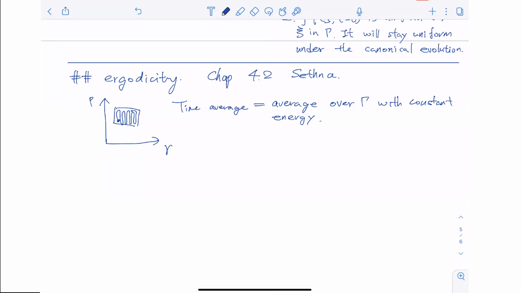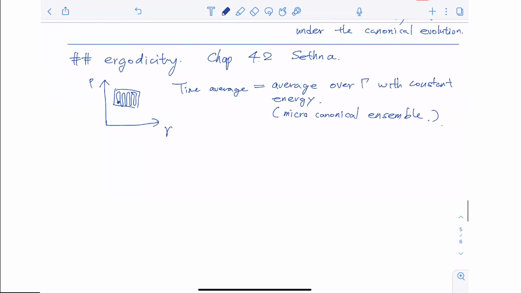And this kind of averaging over gamma with constant energy, sometimes people will call the microcanonical ensemble. Okay, we'll discuss more about that, but I just want to say something about this from an ergodic point of view.